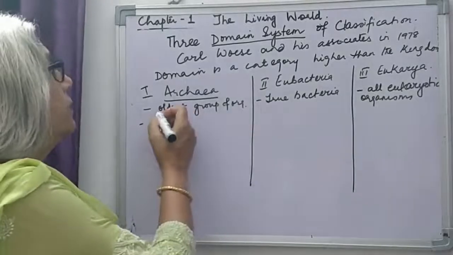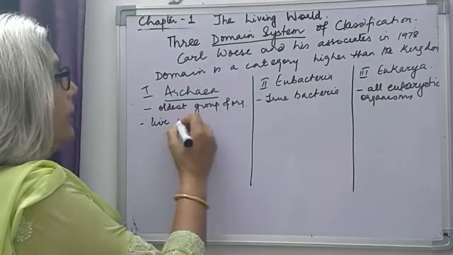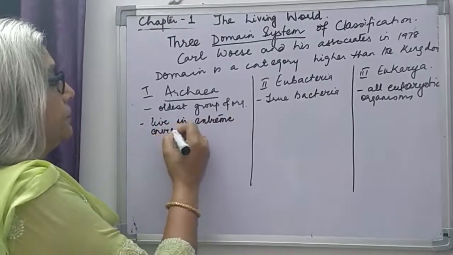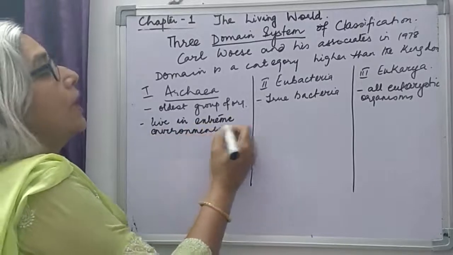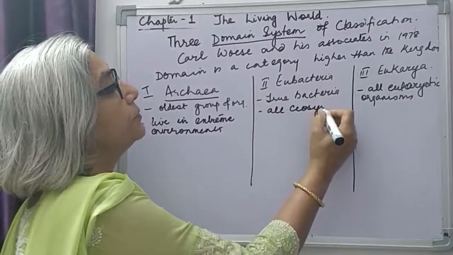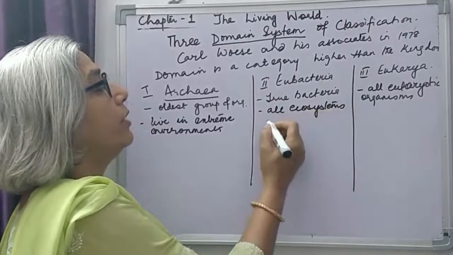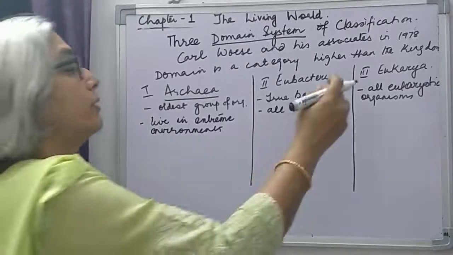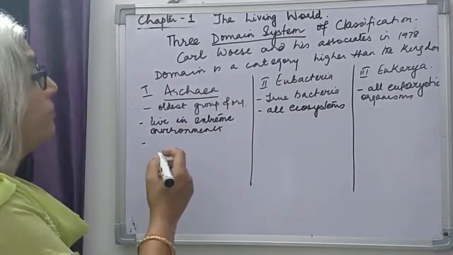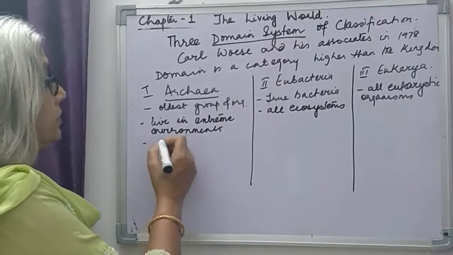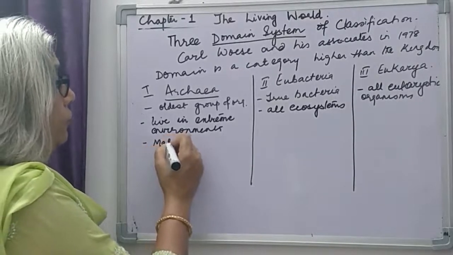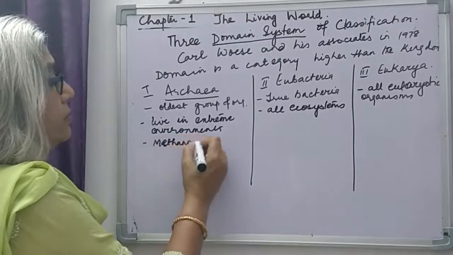So, archaea live in extreme environments, and eubacteria are found in almost all ecosystems, found everywhere. And these archaea, when I say they live in extreme environments, are divided into three main categories.